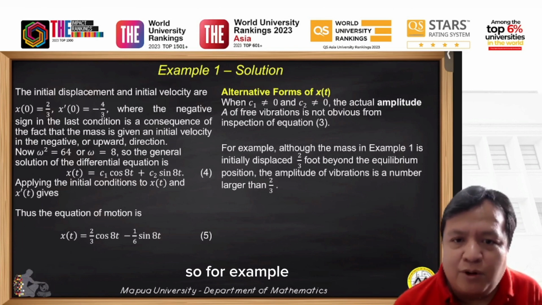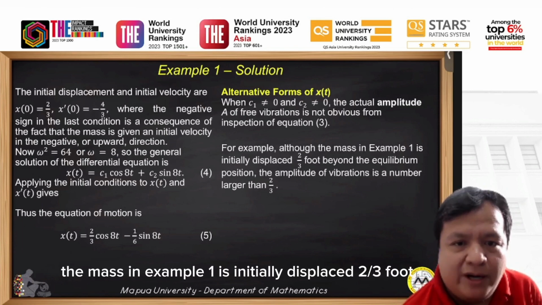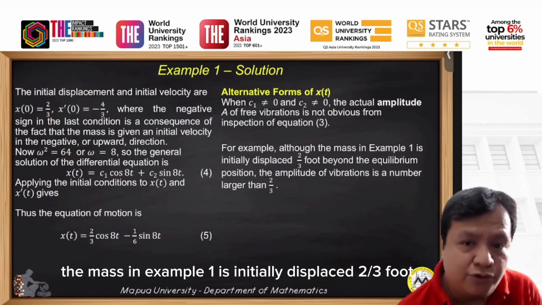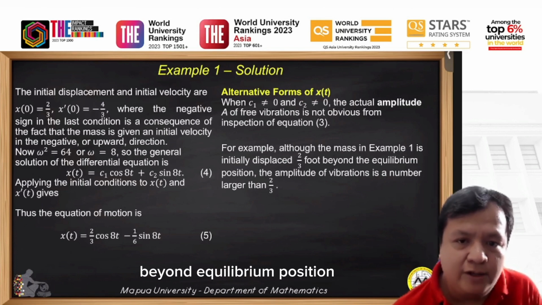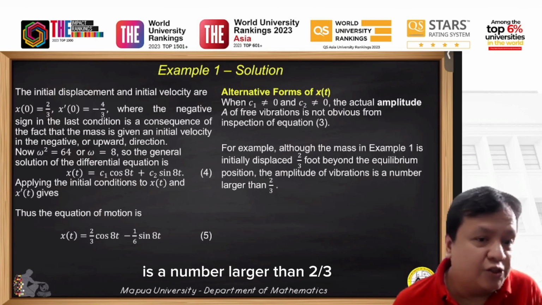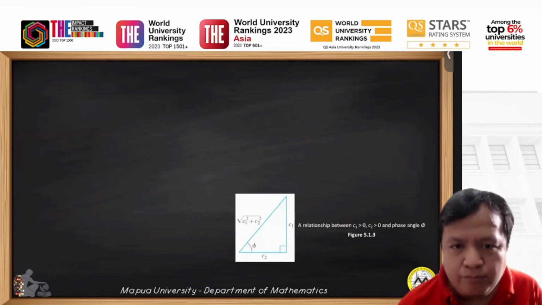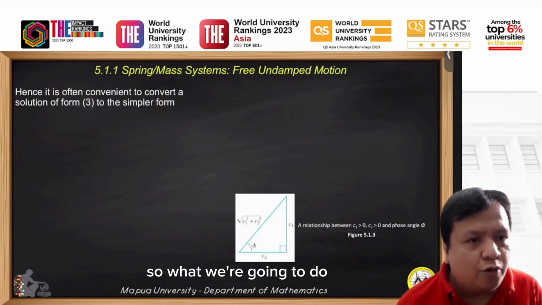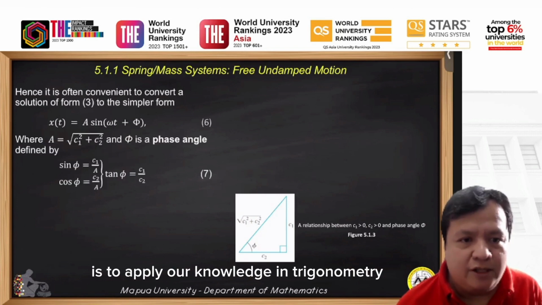For example, the mass in example 1 is initially displaced 2/3 foot beyond the equilibrium position, and the amplitude of vibration is a number larger than 2/3. So we apply our knowledge in trigonometry.